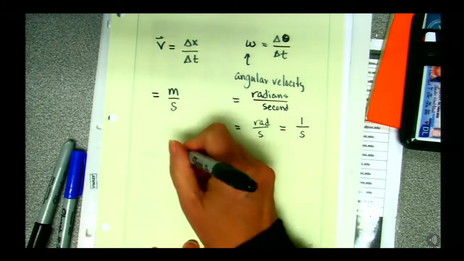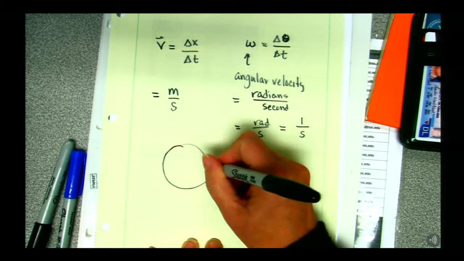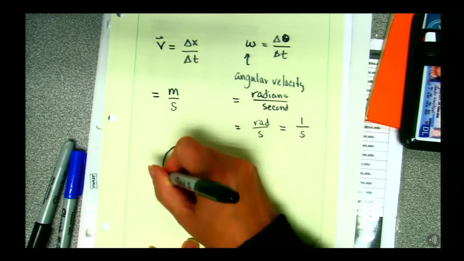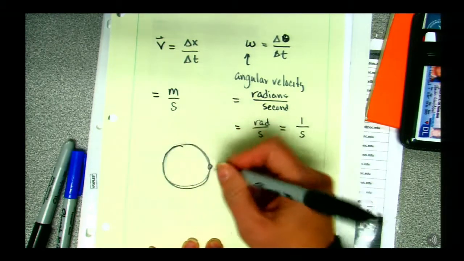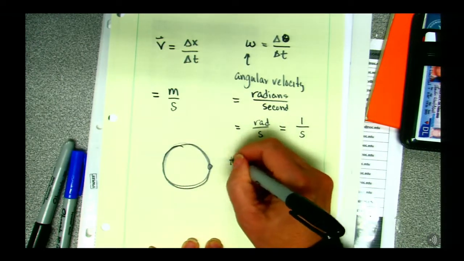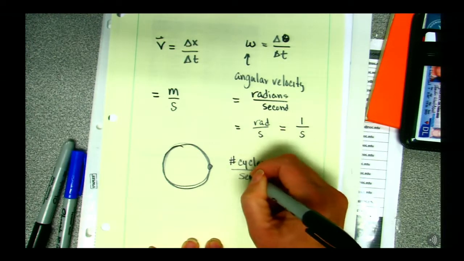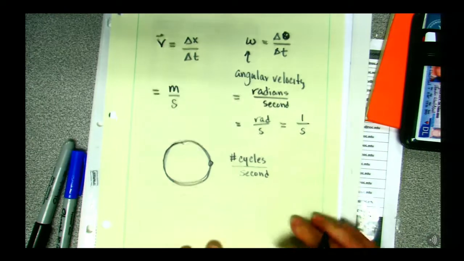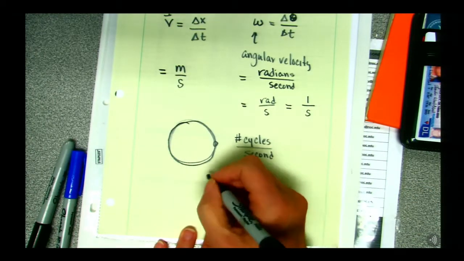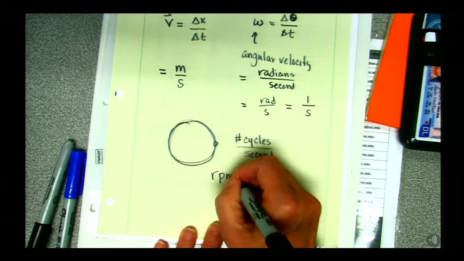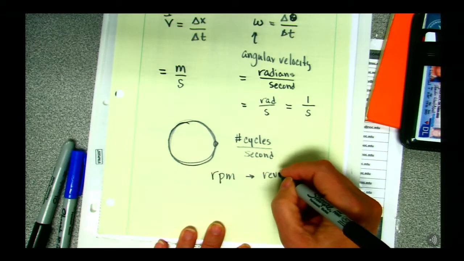We'll see this again and again, because we'll end up relating this later on. If I have an object that's traveling around in a fixed circle, it's going to continue to go around, and I can look at the number of cycles per second, or what we saw in the Hewitt-Druitt video, where he talked about RPM, revolutions per minute.